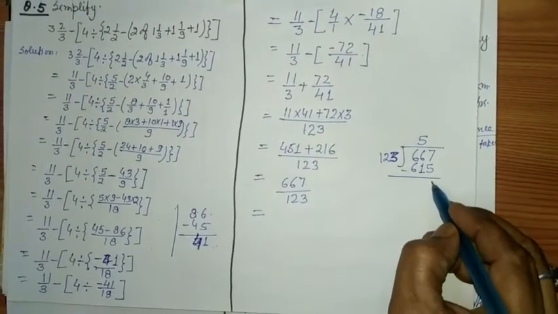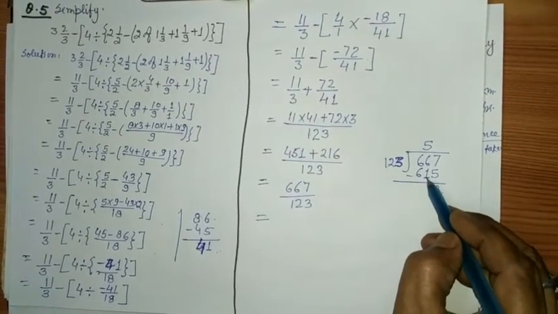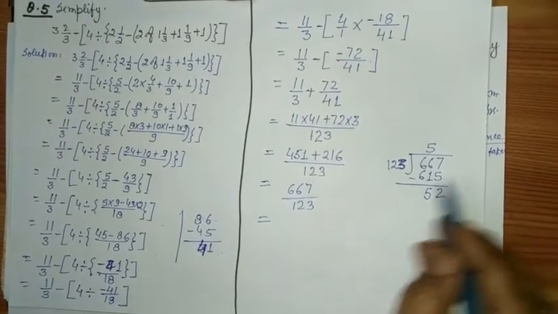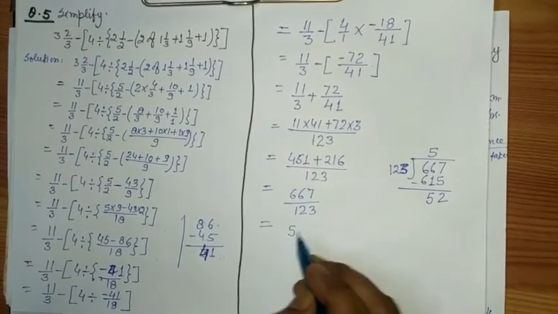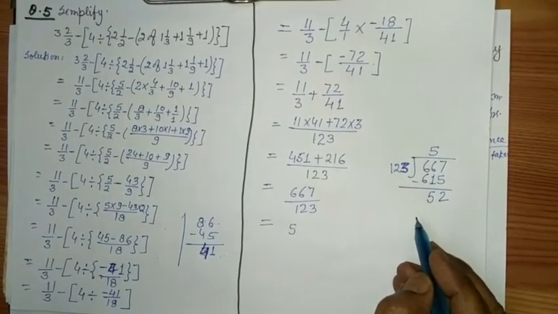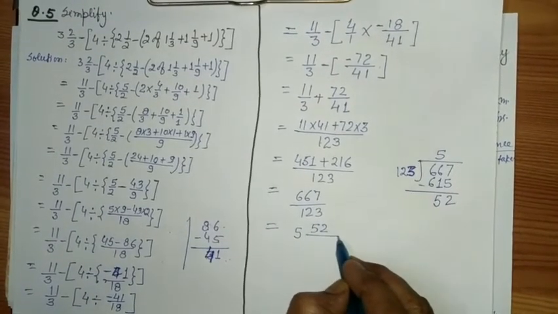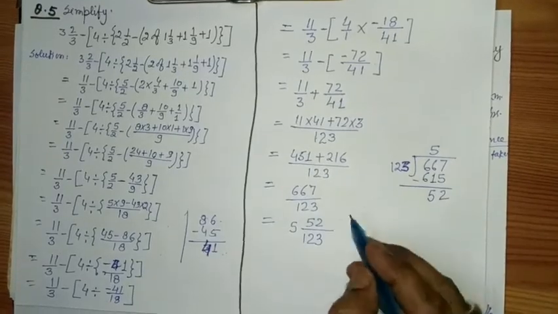That is 7 minus 5, 2, 6 minus 1, that is 5. So 5 whole 52 upon 123.